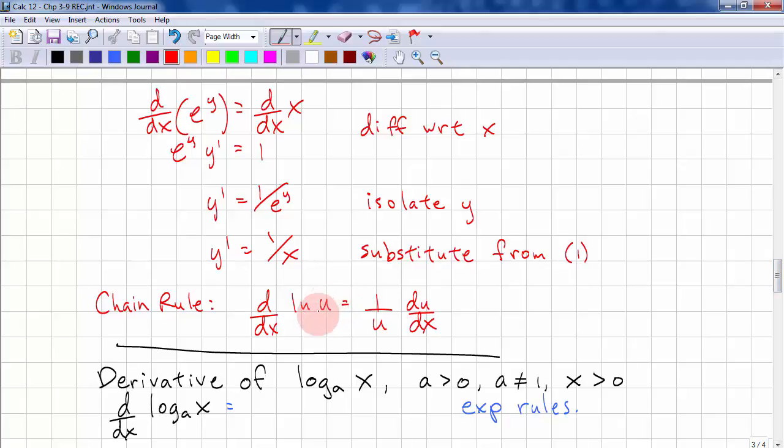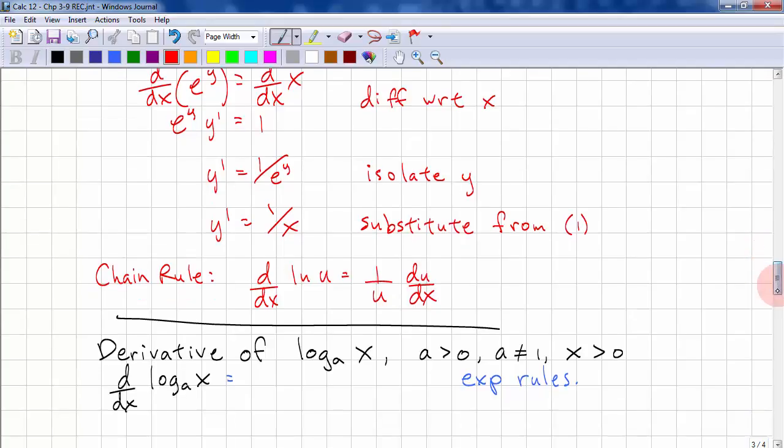And again, chain rule. We're not always given ln x. We're given ln of some function. So we have 1 over that function. And again, we need to take the derivative of that function with respect to x. So let's see an example.